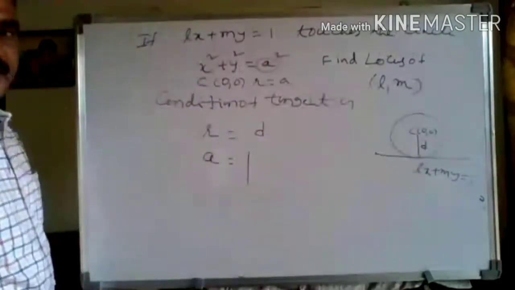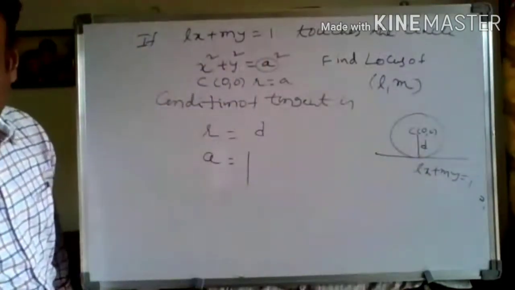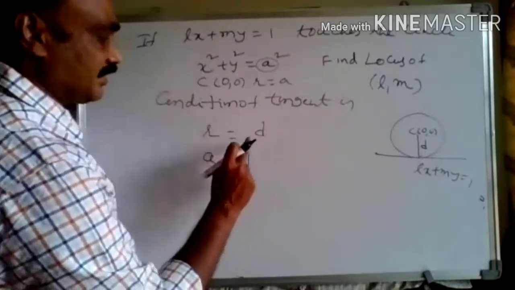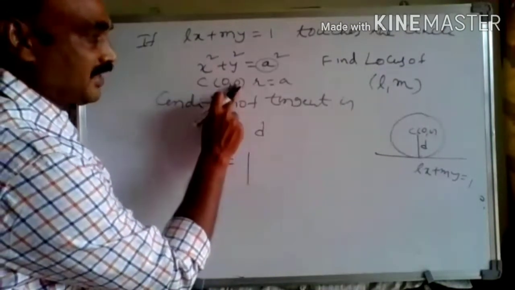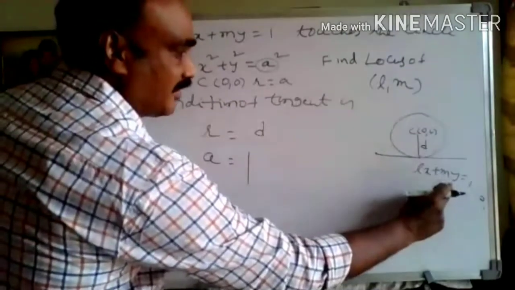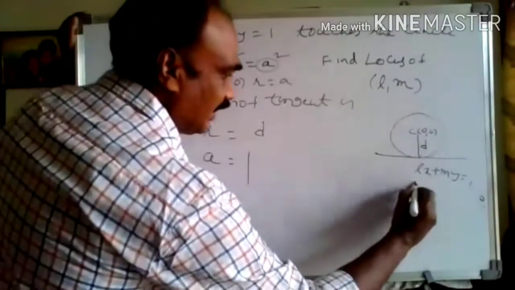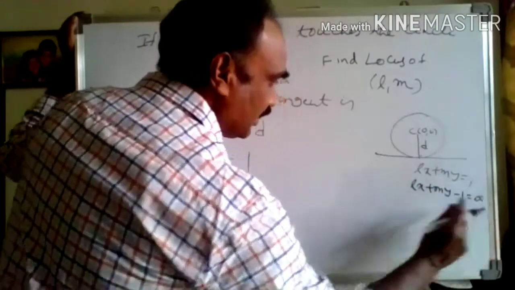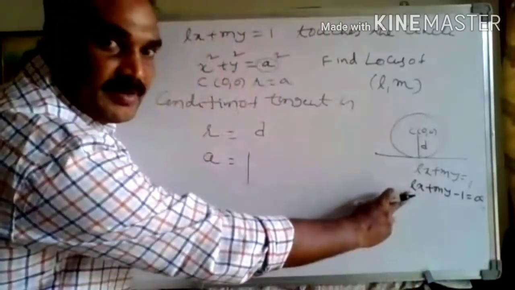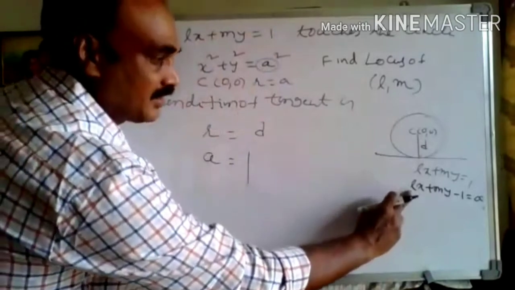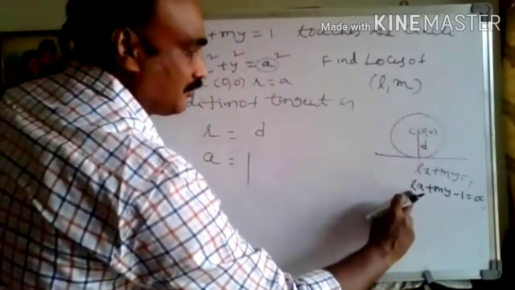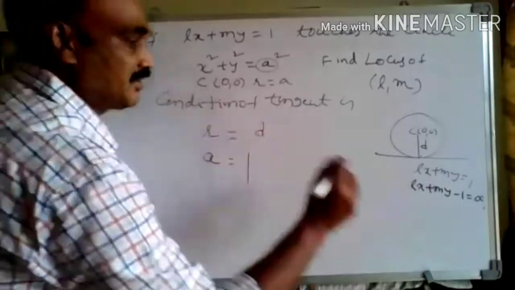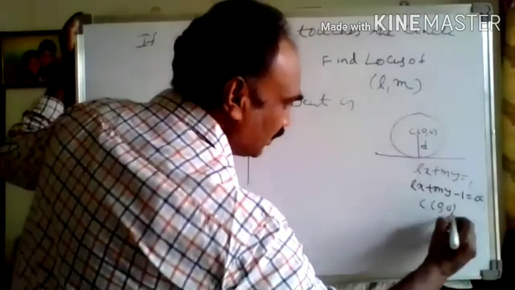Distance d is the perpendicular distance from the center to the line Lx plus My is equal to 1. So Lx plus My minus 1 is equal to 0. By the perpendicular distance formula, mod of ax1 plus by1 plus c, here a is L, and x1 y1 is the center 0 comma 0.